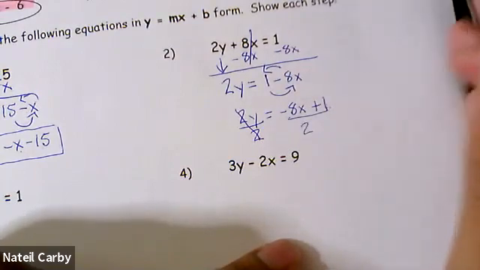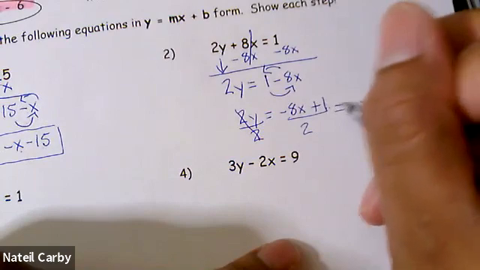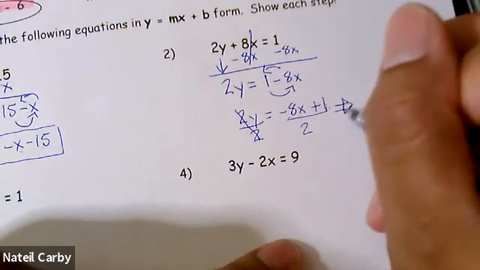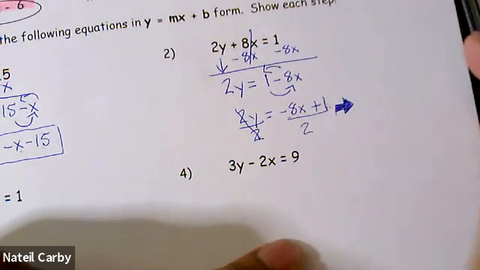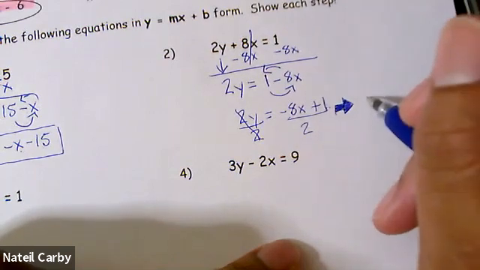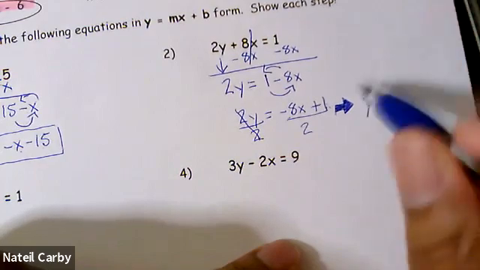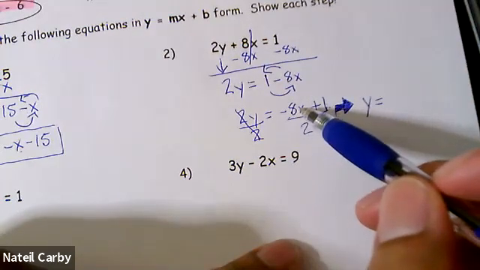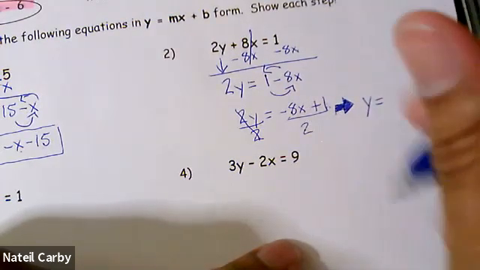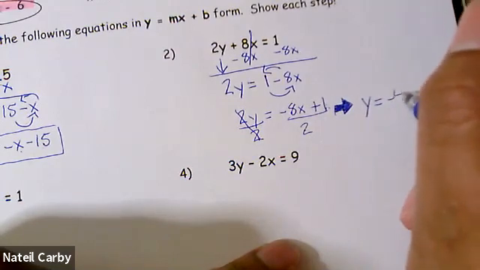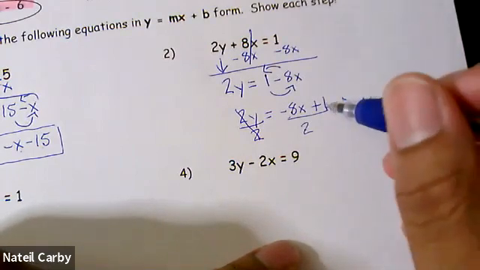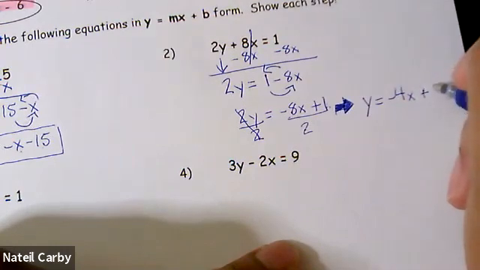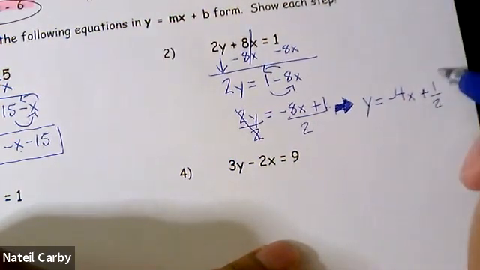So then my final answer is going to be y equals negative 8 divided by 2. It's negative 4x. 1 divided by 2 is 1/2.